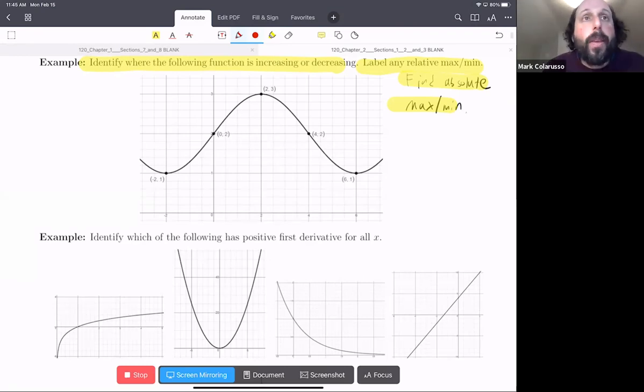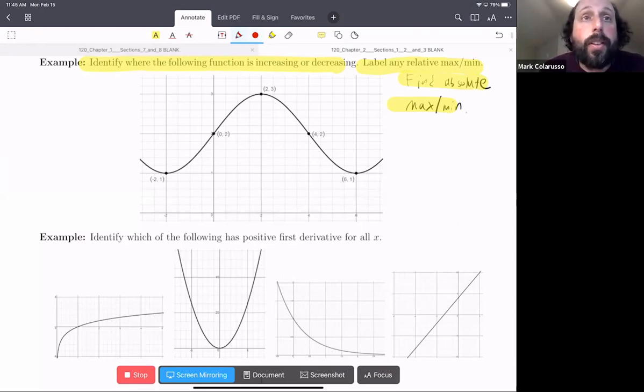In this question, you want to identify which of the following graphs has a positive first derivative for all the x we're looking at. Positive first derivative means that all the slopes of tangent lines have to be positive.